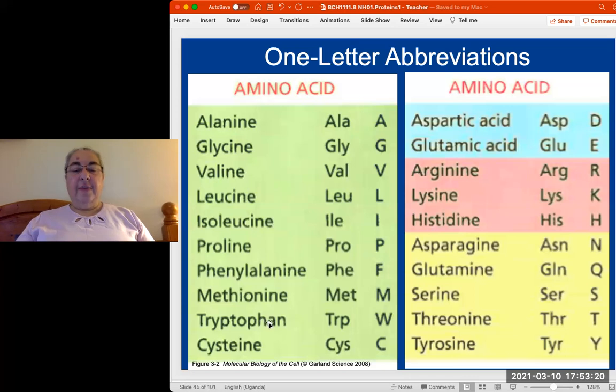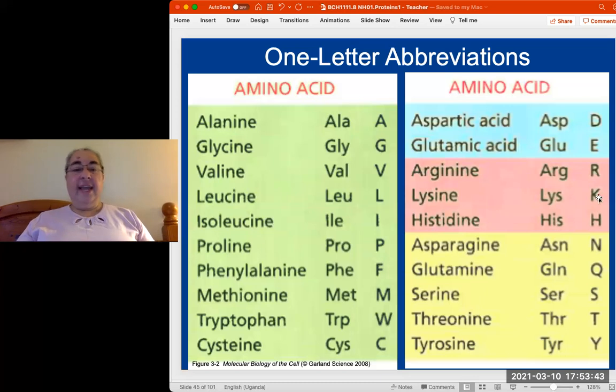So again, to help me remember this, I like to say "twiptophan." Okay, twiptophan with a W. Arginine actually begins with A, but AR, so it has an R sound. So its abbreviation is R.